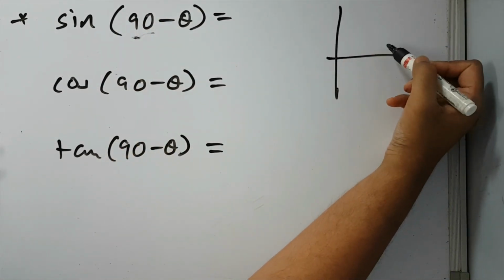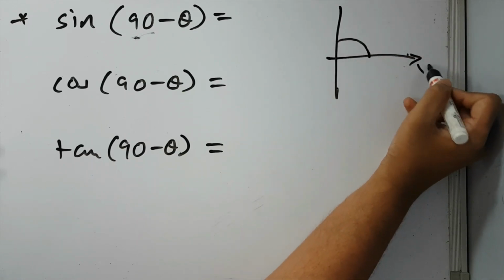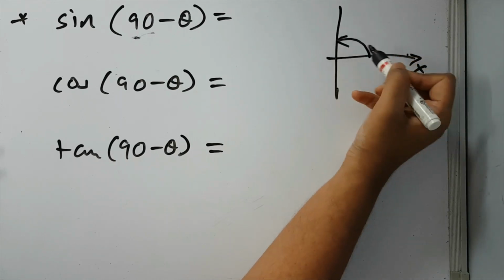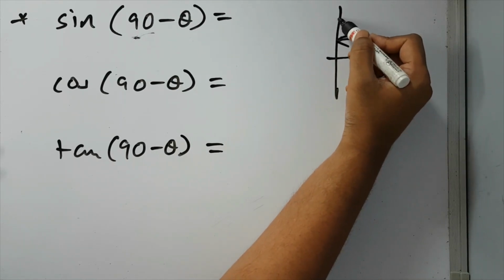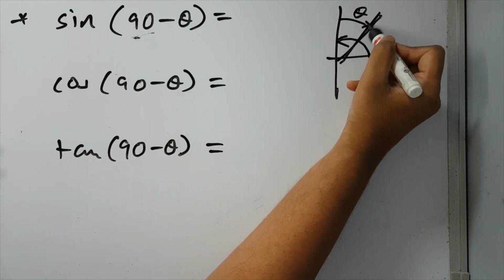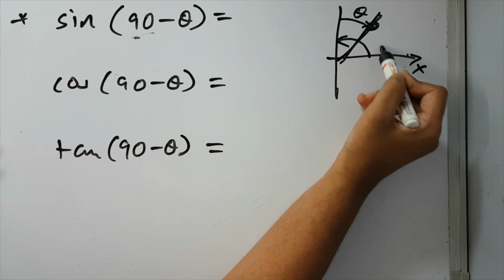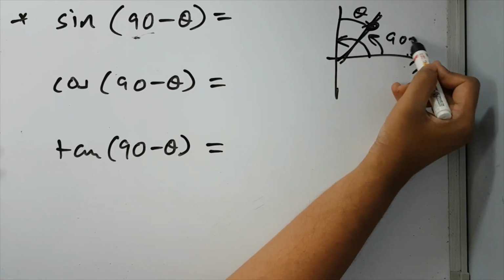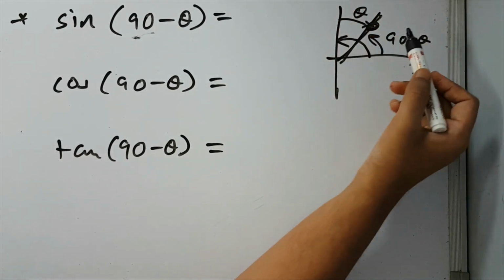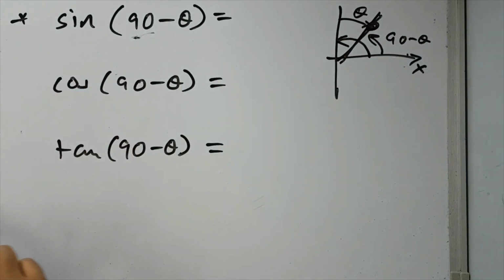From the x-axis, you rotate by 90 degrees, then come back by theta. So this is where you will be. You are in the first quadrant, and in the first quadrant all three values will be positive.